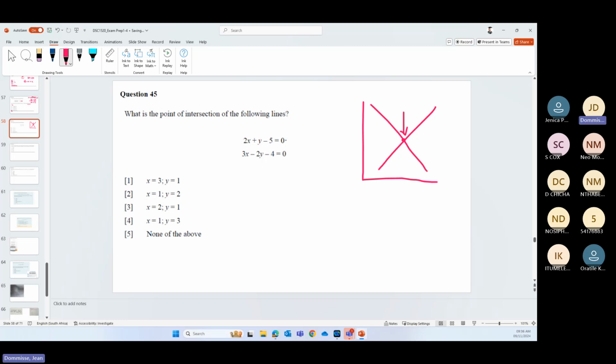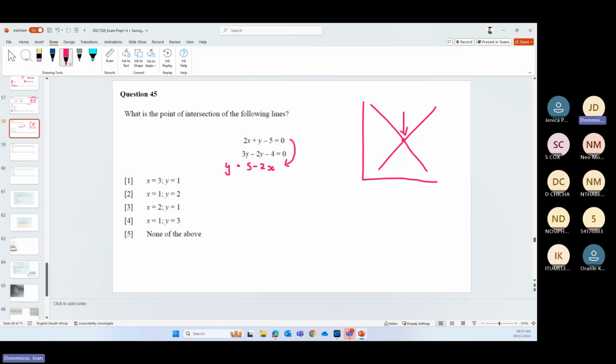Luckily, as you can see in this one, they say 2x + y - 5 is equal to that. Normally, when we get straight lines, we will say that the first one is actually y = 5 - 2x.